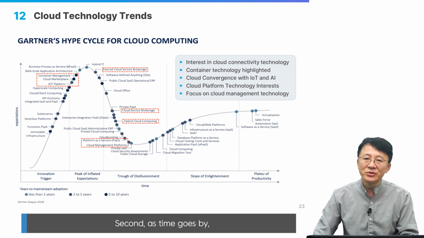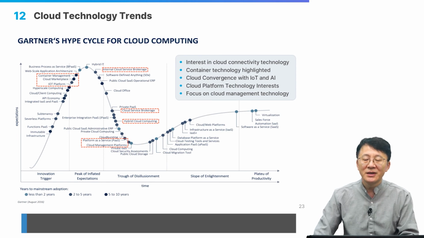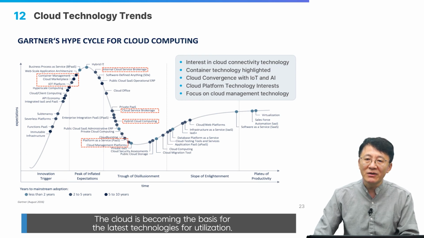Second, as time goes by, container technology is becoming a core technology. I will explain container briefly later. Third, the latest technologies such as IoT, AI, blockchain, and big data are converging based on the cloud. The cloud is becoming the basis for the latest technologies for utilization.